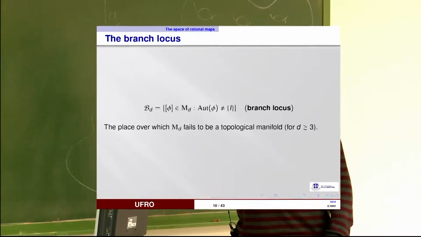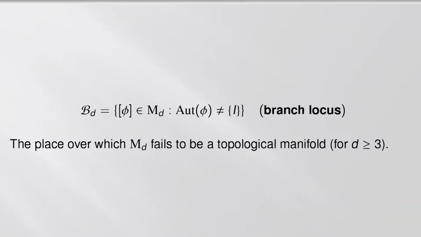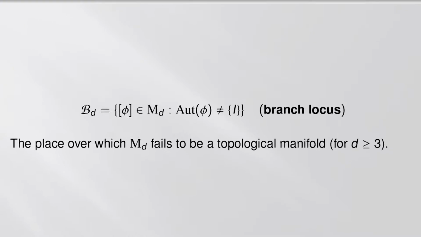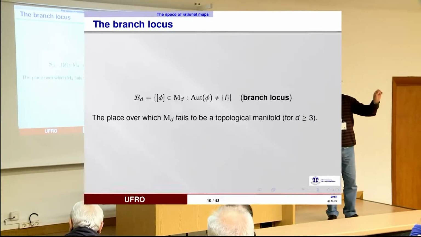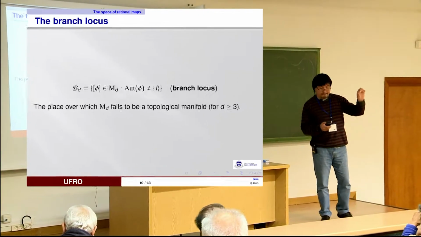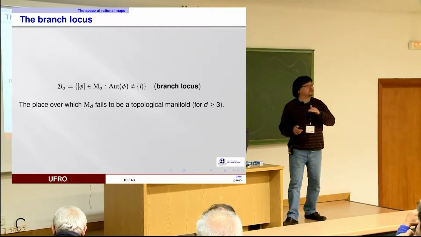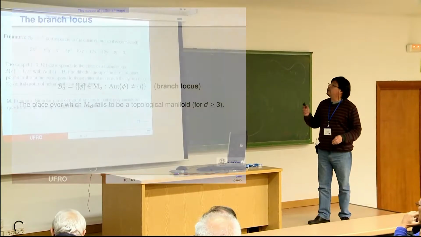It is known that for genus bigger than 4 in moduli space, and here for degree bigger than or equal to 3, this branch locus is exactly the locus of points where the moduli space fails to be a topological manifold. For d equal 2, this is not true, and I will show you what is going on.